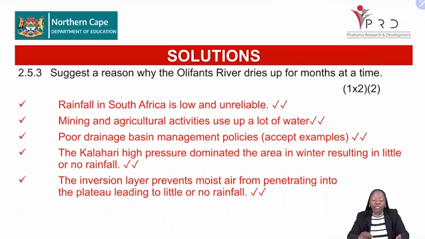So this will result in no rainfall or little rainfall in winter, and that will make this river dry up sometimes. Then the inversion layer prevents moist air from penetrating into the plateau, which again leads to little or no rainfall.